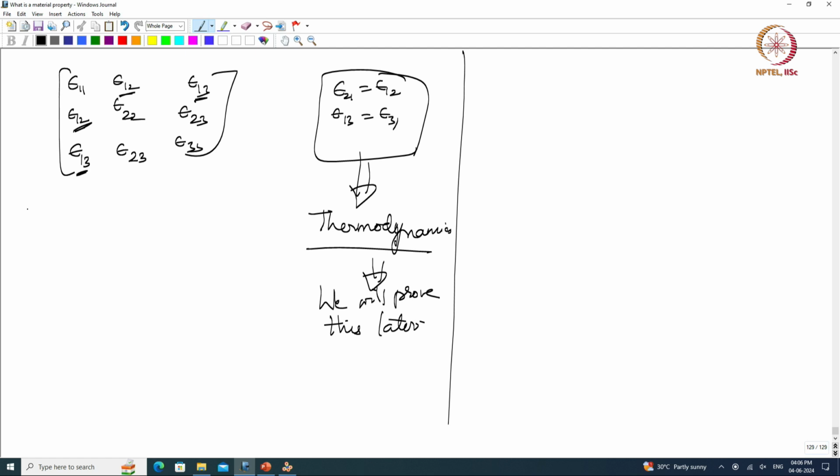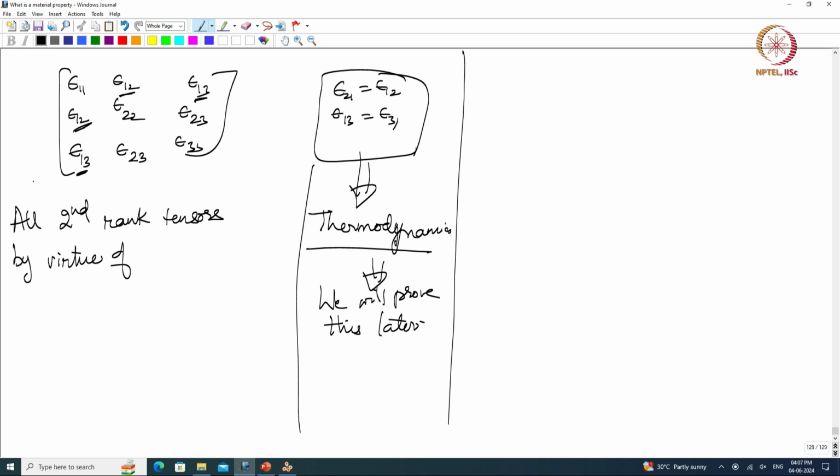But for now you can imagine that all 2nd rank tensors, by virtue of thermodynamics and or kinetics, are symmetric.